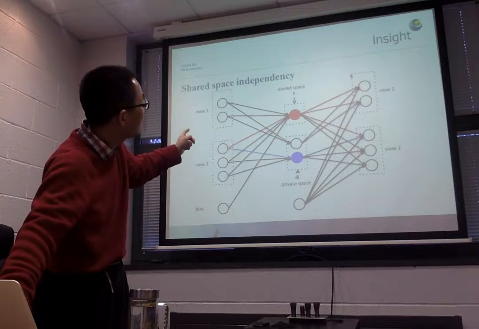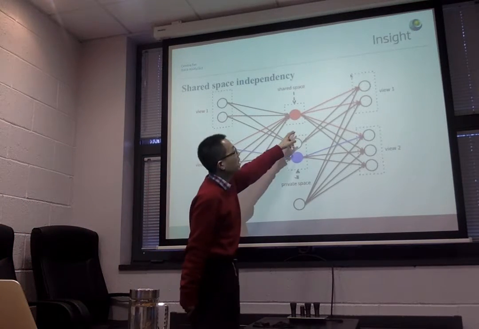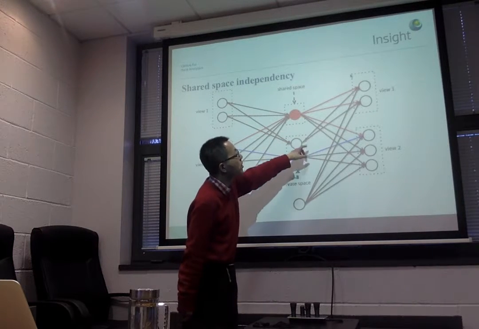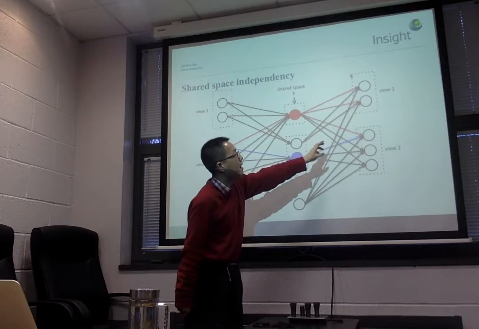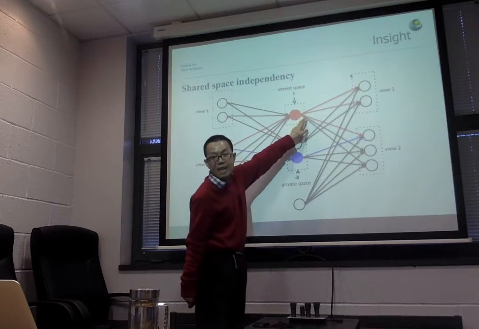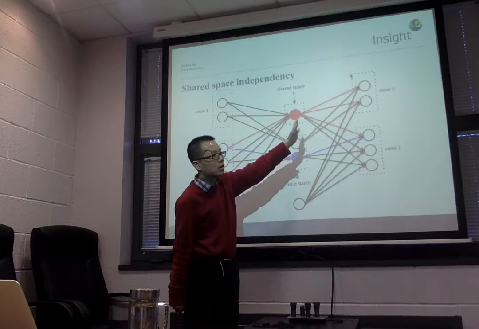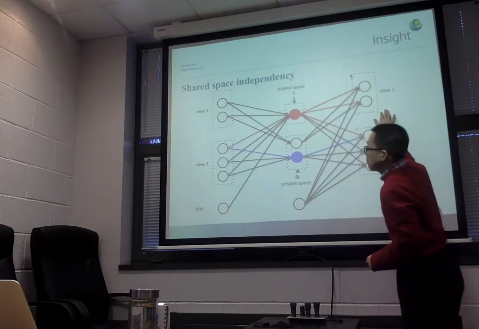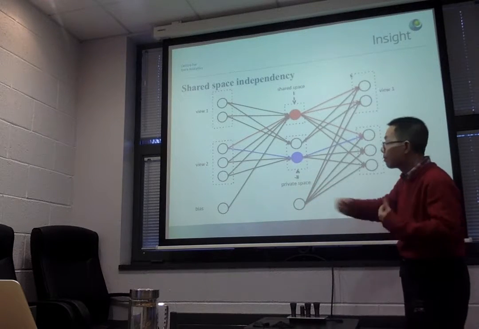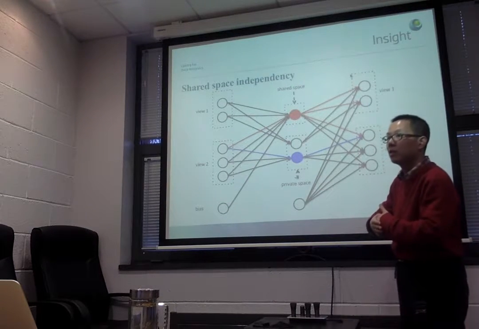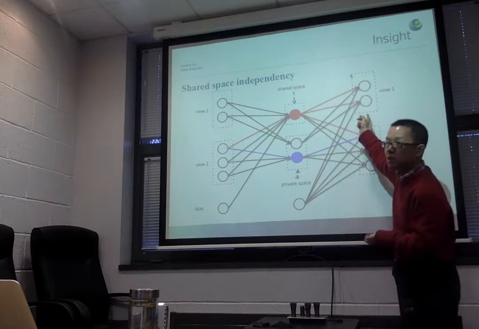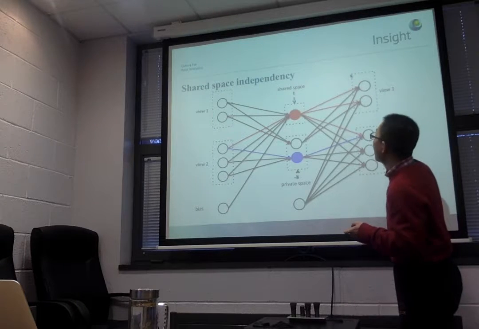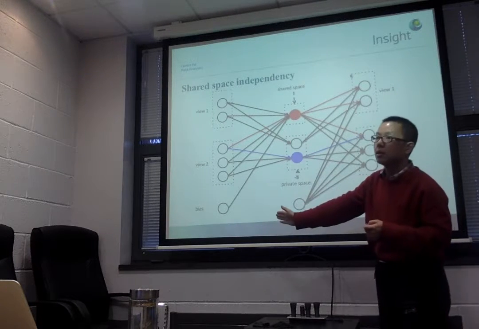But if it goes there, the information in the shared space will project or feed forward to the first view and the second view. Because it is fully connected, it will surely go forward. And then that information for the first view is noise, right? Because it is private information of the second view. So it is noise to the first view, and that noise will enlarge the error of the output relative to the input.